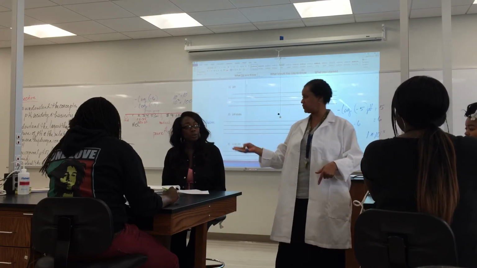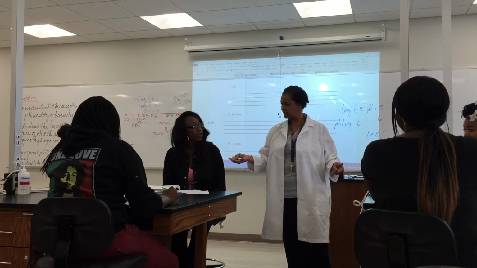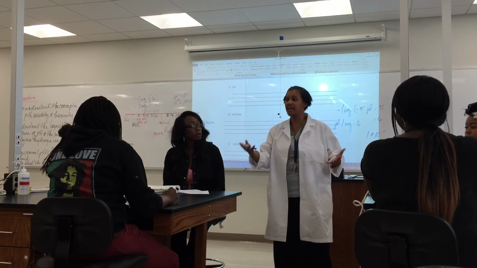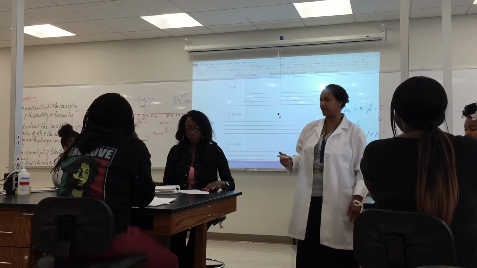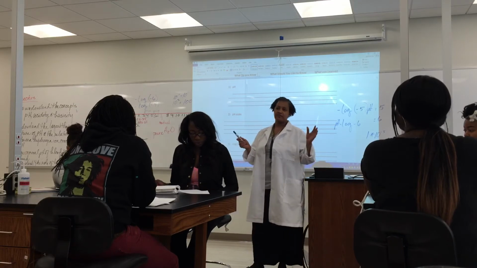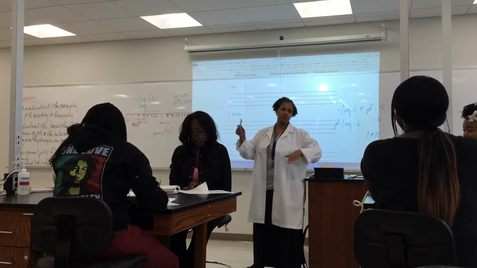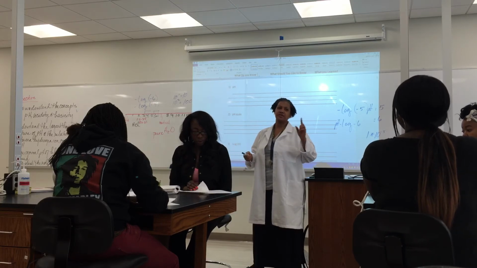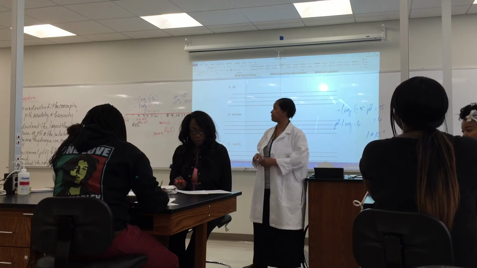Your body mass, what you eat, and what else? Heredity, your genetics. You inherit it from your parents and they inherit it from their grandparents and on and on. So all of that's related. If you eat more of a certain type of food, you might have a more acidic pH. If you eat others, you might have a more basic or alkaline type of pH.